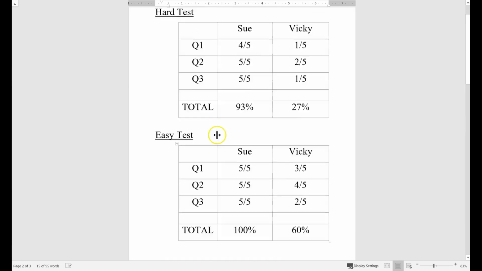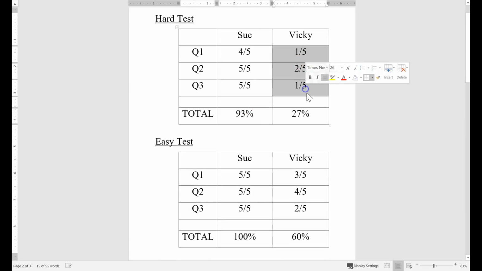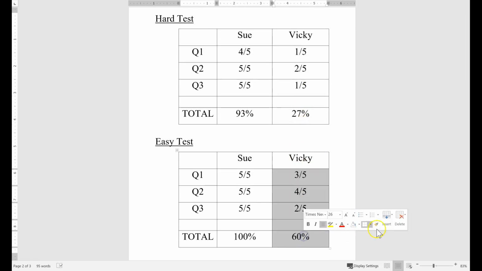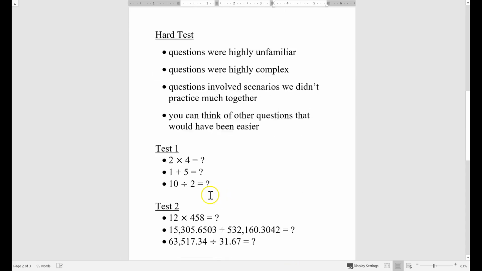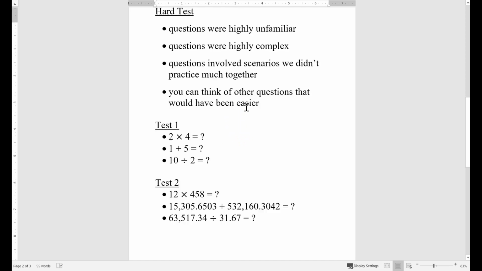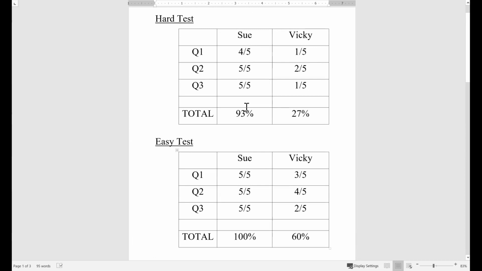They're already so far below this higher level that maybe you practiced with your students. So if this is what the test looked like, then there is no possible way to change the questions so that Vicky raises to this level. Easier questions simply don't exist that you might have put. If Vicky did poorly on these, she would have done poorly on any other questions you might have put into the test. So that's the kind of thing that I think about.